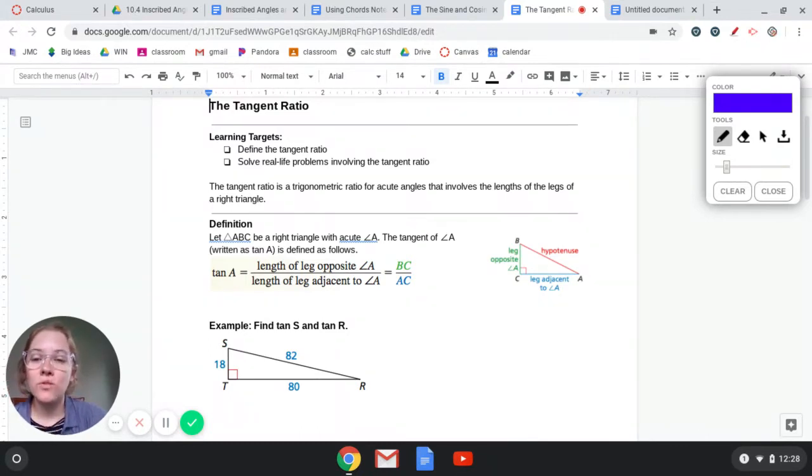So let's do this first example here. Find tangent of S and tangent of R. Let's do S first.